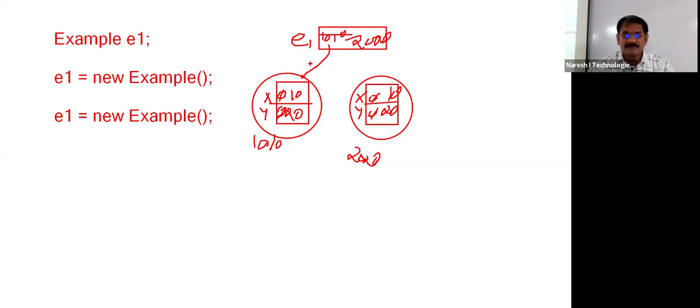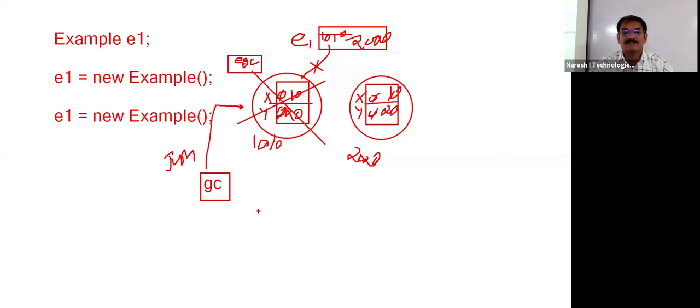Then this reference is removed or not? What happened to this object? Is it destroyed, or eligible for garbage collection? Eligible for garbage collection. Who will destroy this object in the future? What is the meaning of eligible for garbage collection? Inside the JVM, we have a special program called the garbage collector. Whenever this garbage collector is executed by the JVM, then this object is destroyed.